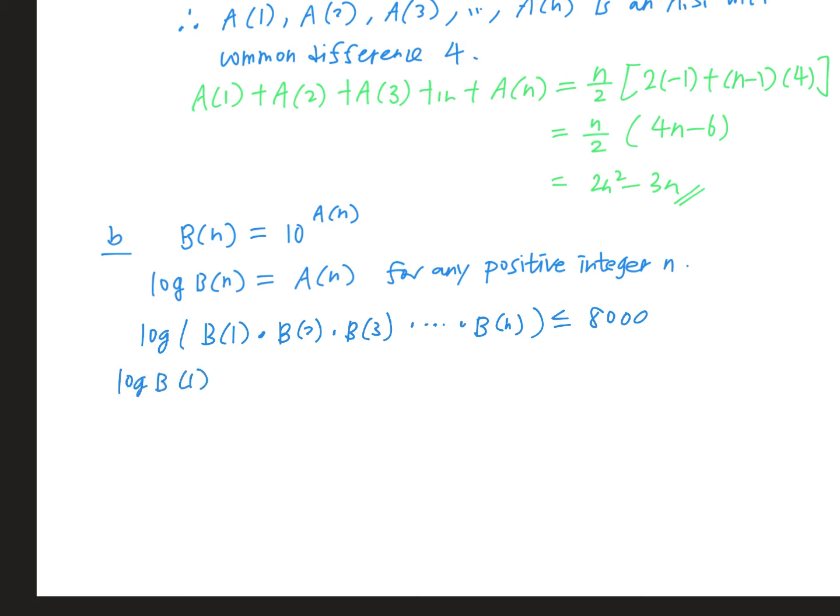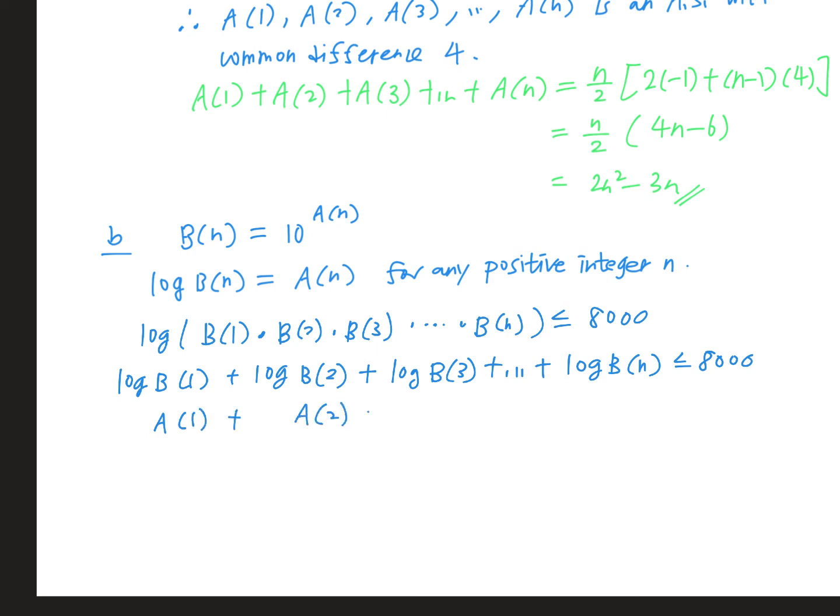So that would be log b1 plus log b2 plus log b3 plus blah blah blah up to log of bn. And then from the above, since logarithm of bn equals an for all n, log b1 equals a1, this is a2, this is a3.